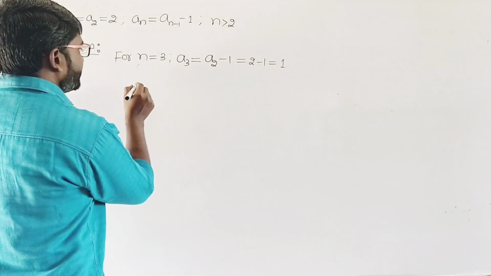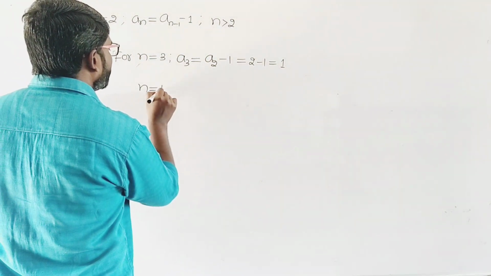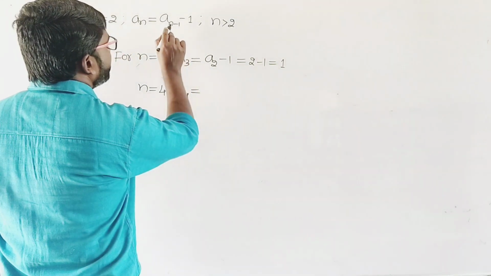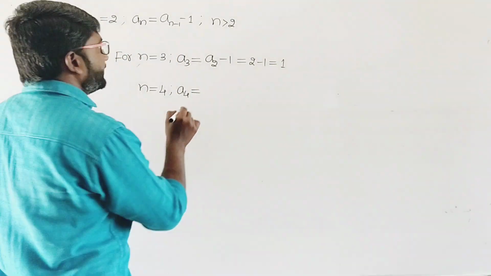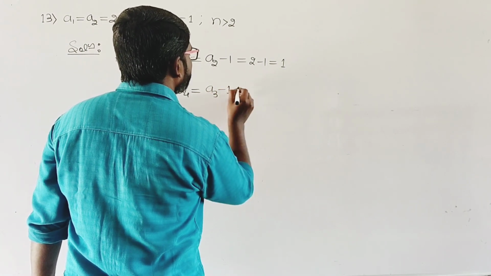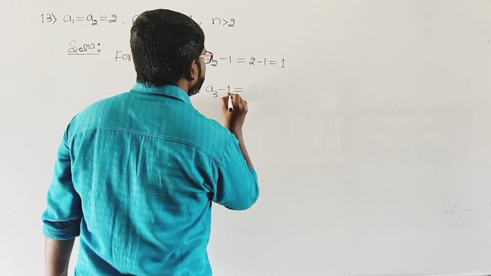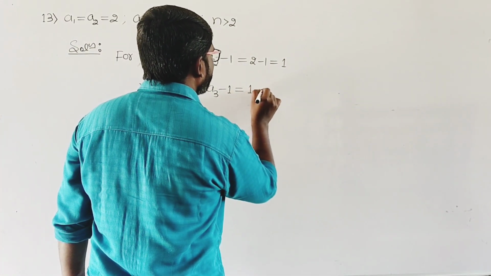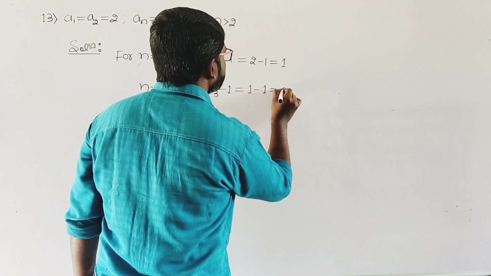Then next we have to go for n equal to 4, and then we get a4 which is equal to 4 minus 1, it is 3, you get a3 minus 1, which is equal to, what is a3? a3 is 1, so 1 minus 1 is 0.